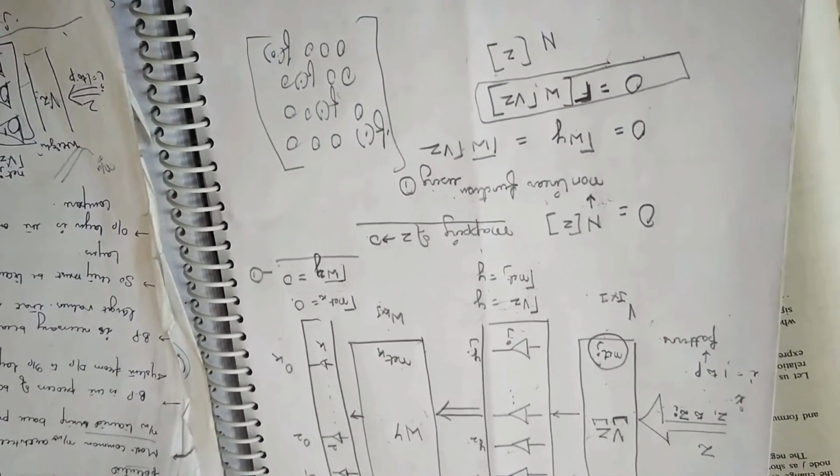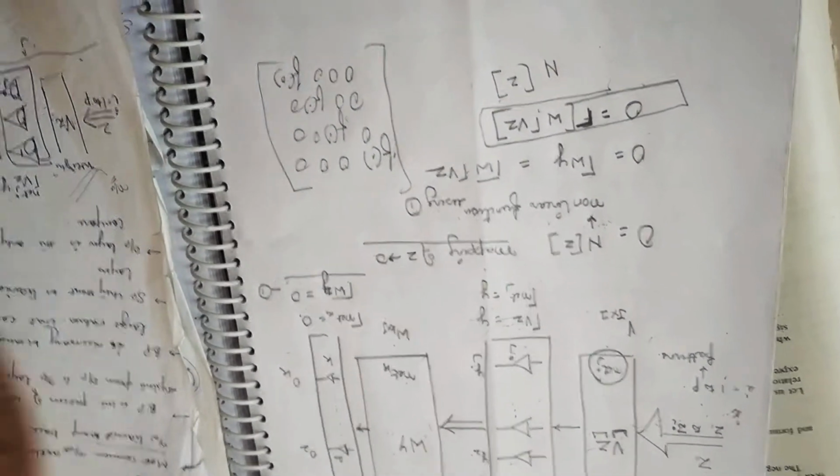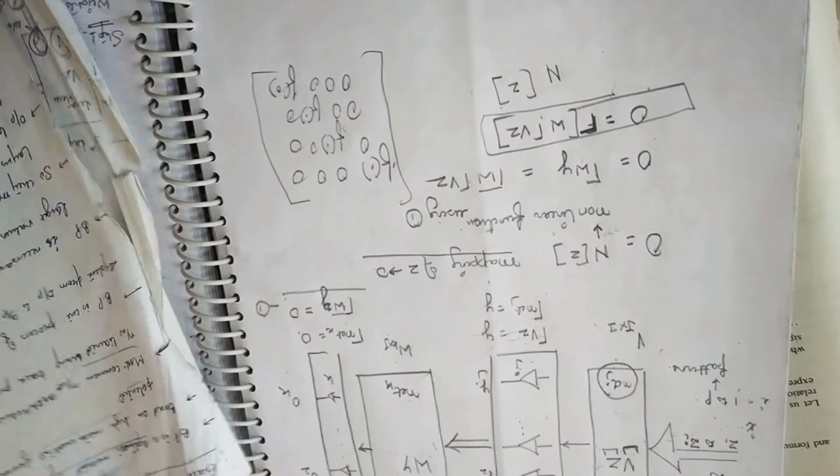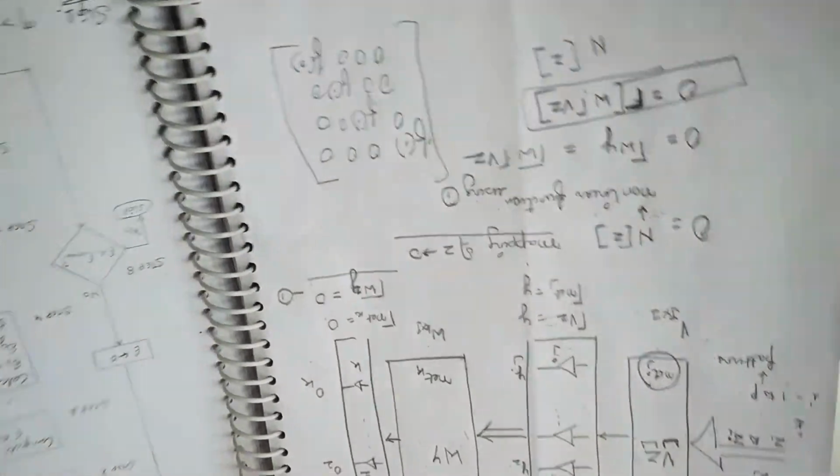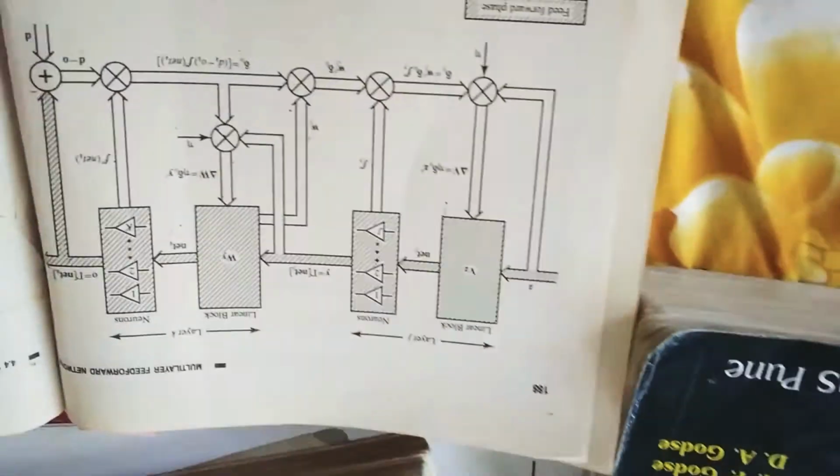Now what happens to our error? Basically we have a flow chart of error back propagation which clears all the doubts of error back propagation, and we have to draw this diagram also. This is the flow chart with this explanation.